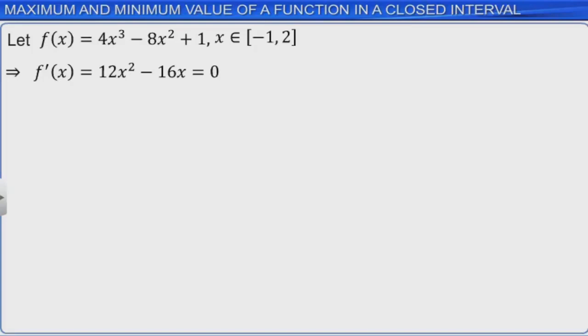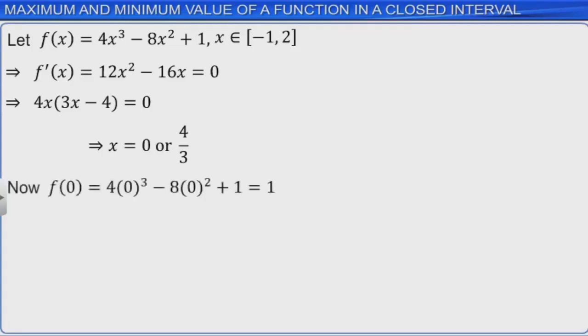This implies that x = 0 and x = 4/3 are the two critical points. Next, we find the value of the function at these points. The value of the function f at x = 0 is 1. The value of the function f at x = 4/3 is -101/27.